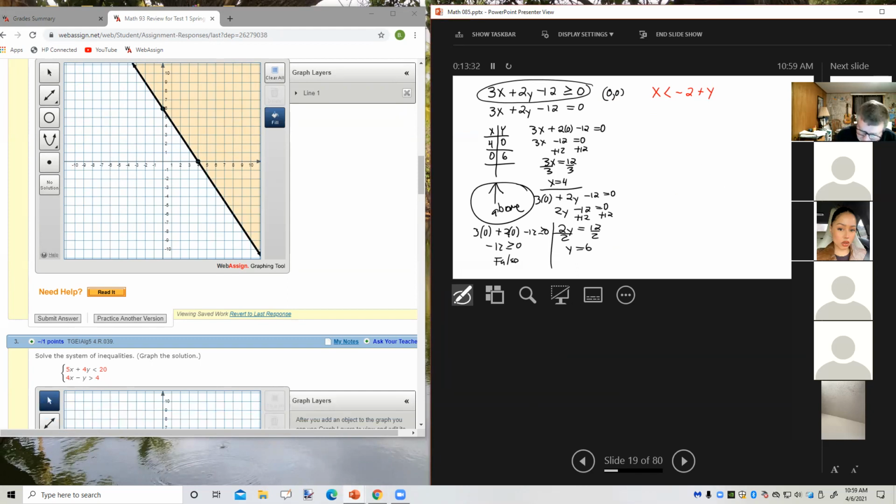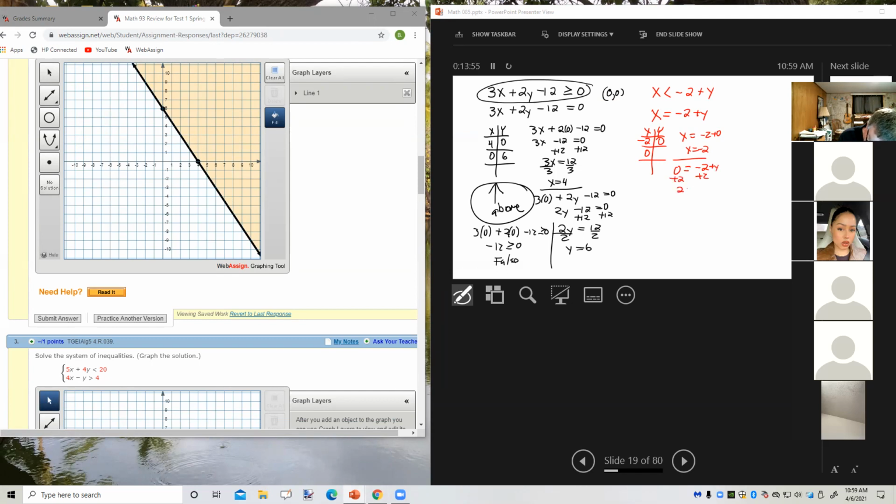And we're going to look at the related equation. And again, I'm going to find ordered pairs. If y is 0, x equals -2 plus 0, x equals -2. If x is 0, 0 equals -2 plus y.